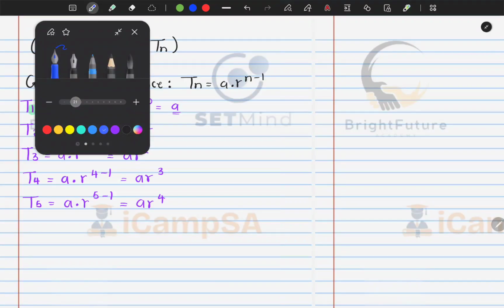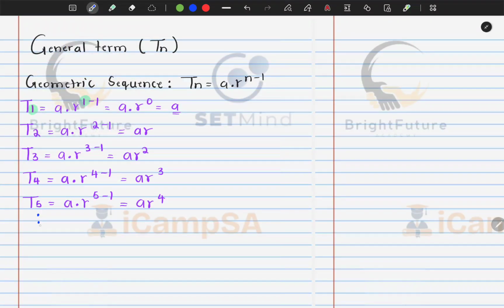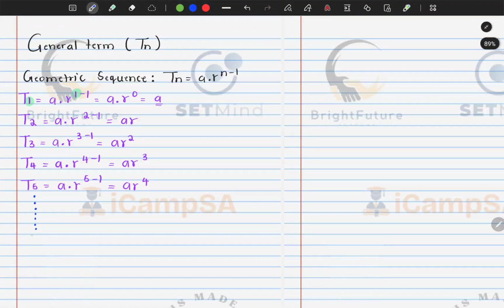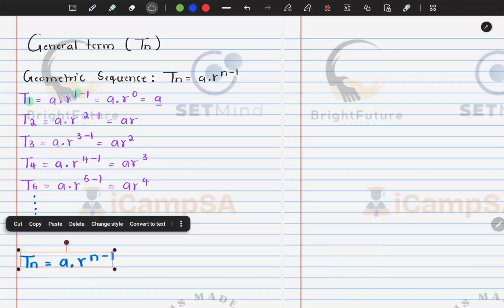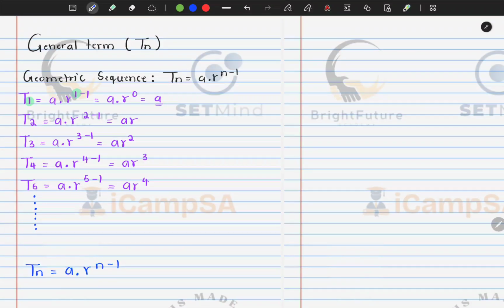What you should be able to see is that this pattern will carry on until we reach Tn, the nth term. And whenever we are dealing with the nth term, we leave it as n minus 1.